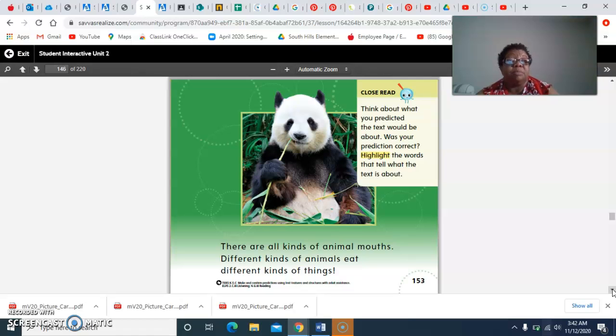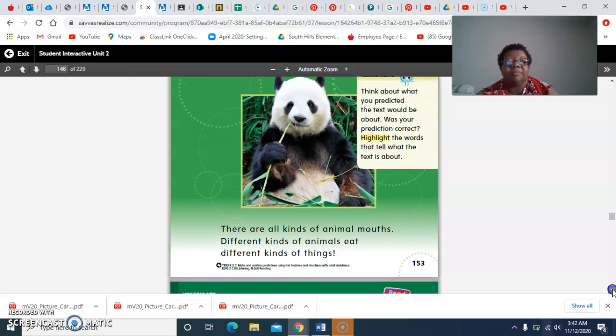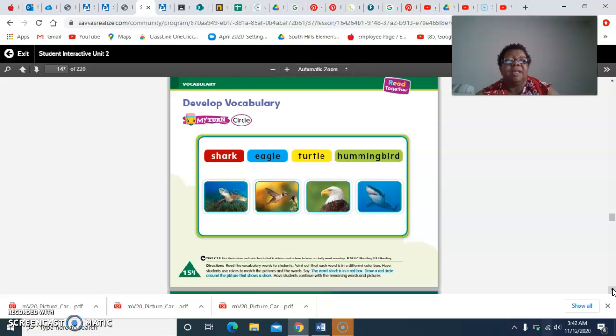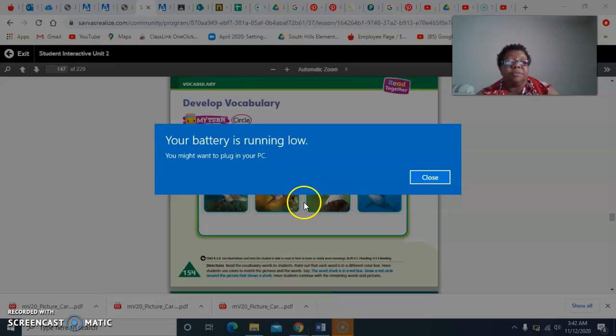Different kinds of animals eat different kinds of things. And then it has the vocabulary: shark, eagle, turtle, hummingbird, and you can draw a line to each picture to match.